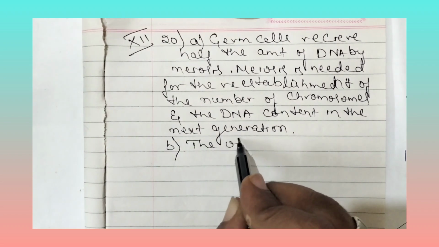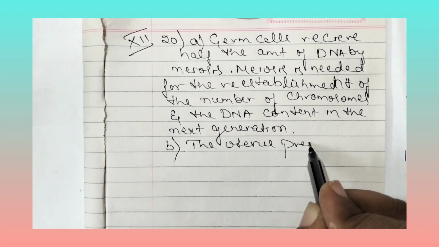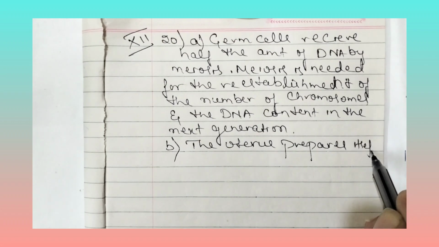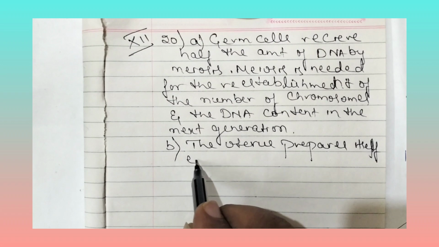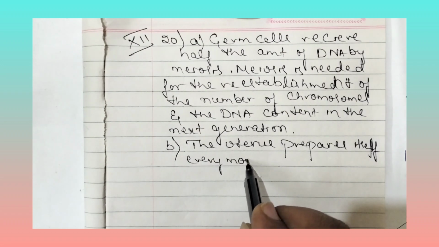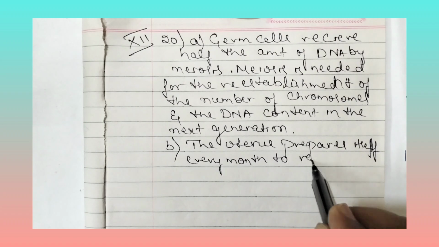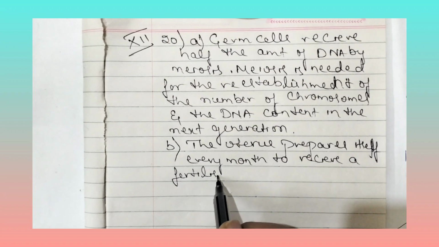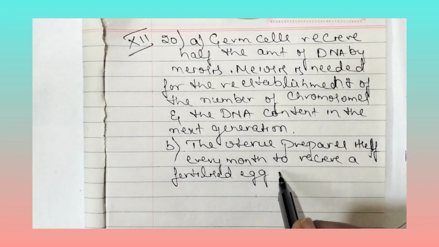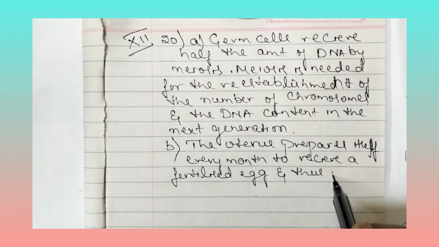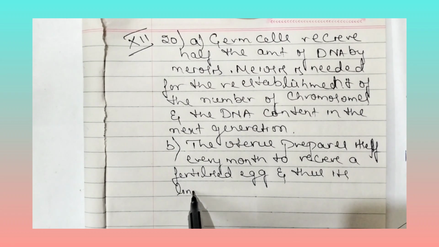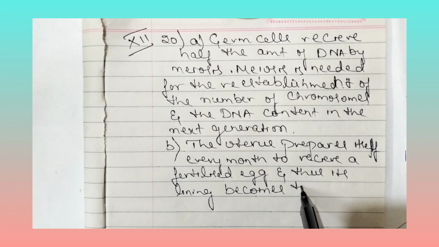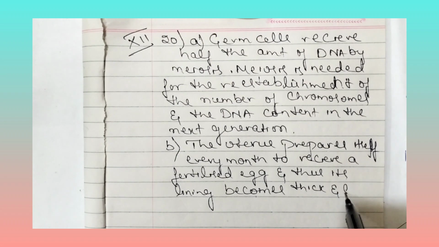The uterus prepares itself every month to receive a fertilized egg, and hence its lining becomes thick and spongy.